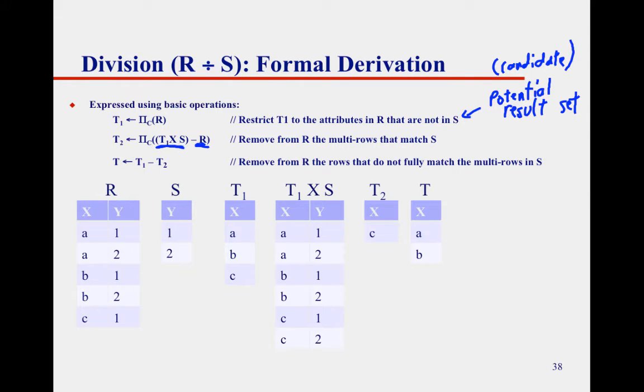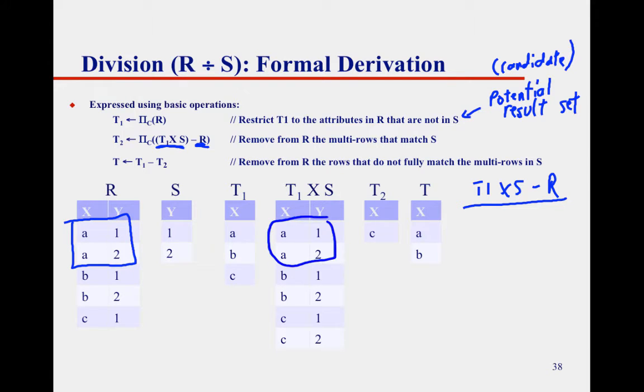Okay, so think about that. Let's look at T1 cross S minus R. We take out everything associated with A because A matches everything over here. And same thing, everything in B goes away.